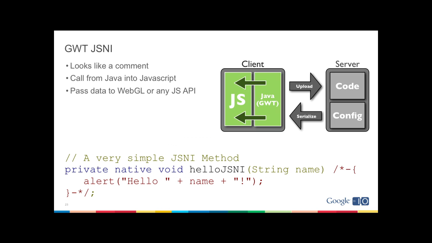What it looks like to write a JSNI method is that you write a Java method with this native keyword out front, like you can see on the slide, and then it looks to your Java IDE like the body of that method is written in JavaScript inside a comment. And you see, like in the example method, the argument passed in is used by the same name in the JavaScript, which is how you get data from one side to the other. And you can be as object-oriented as you like with JSNI.